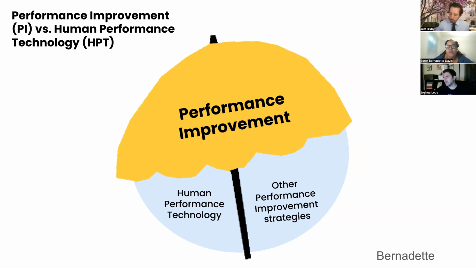But there are other performance and improvement strategies that could be implemented as well. After reading, I saw performance improvement as this larger, broader umbrella that many of these different performance improvement strategies fall under. And HPT happens to be one of them.